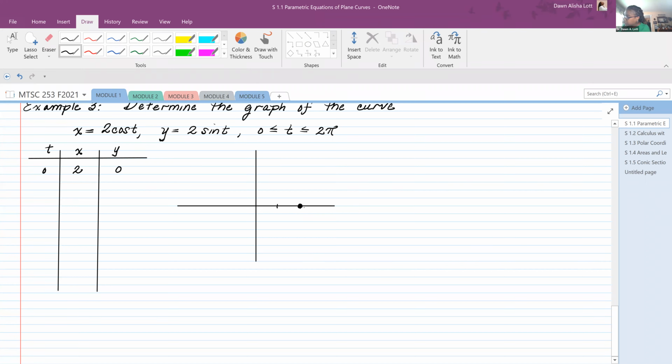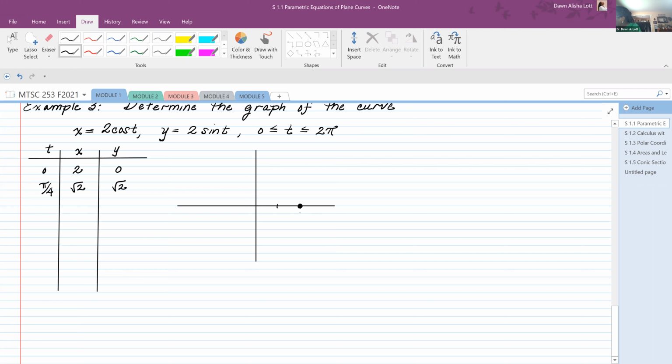And then let's go to pi over 4. The cosine of pi over 4 is root 2 over 2. So when I multiply it by 2, I get root 2. And so the next point is going to be (root 2, root 2).